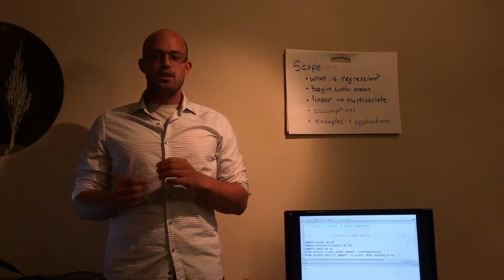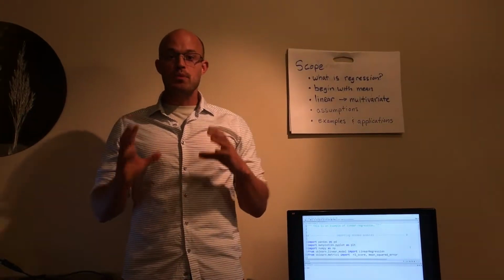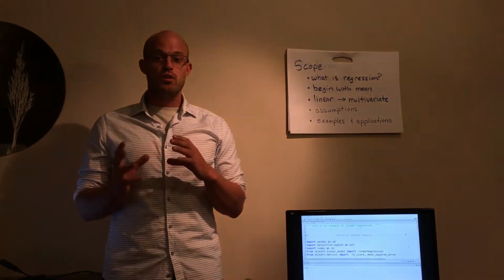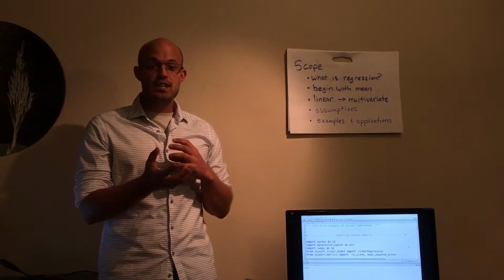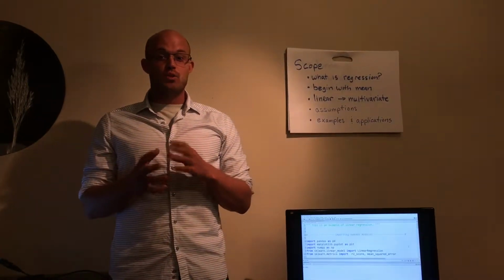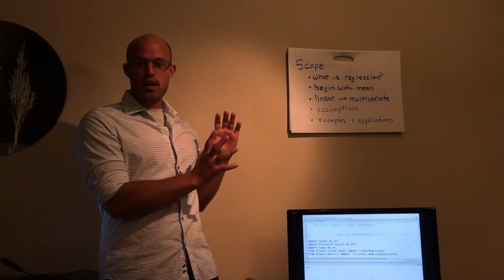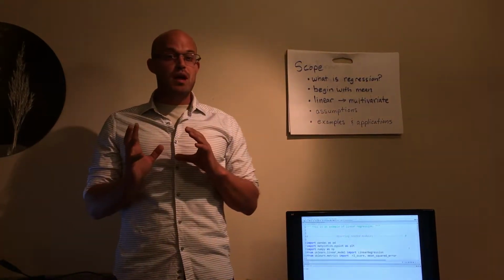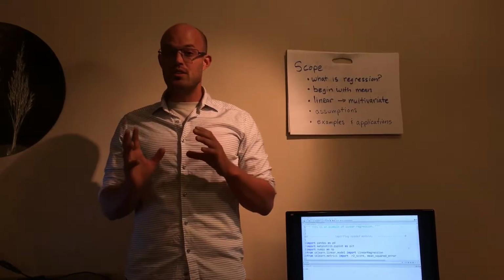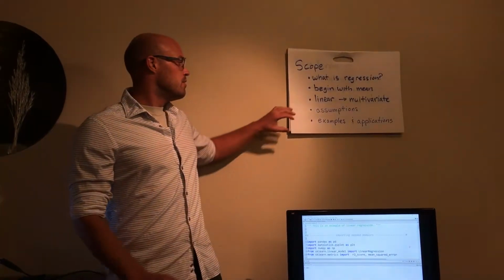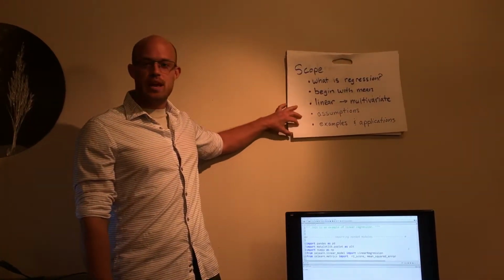Why is this important? It's important because you might build a beautiful model where your measure of accuracy, your R-squared, is great, 95%. However, if the key assumptions aren't held, then it might be a falsely good prediction accuracy level. Lastly, we'll look at some examples and applications.